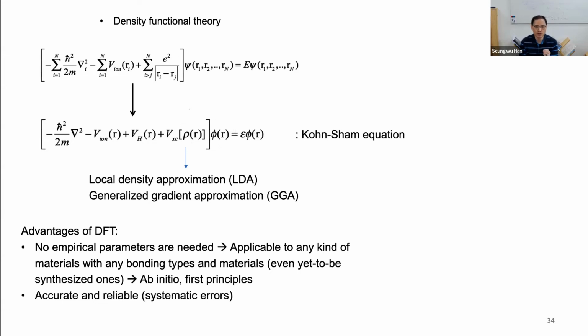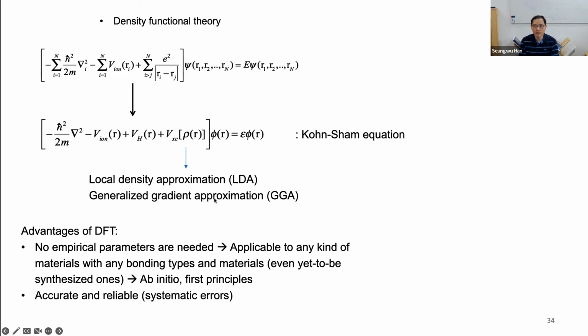Therefore, we have to introduce some approximation in this exchange correlation potential, and there are some theories, LDA, or local density approximation, or generalized gradient approximation. Today, GGA is quite a favored approach, and over a wide range of materials it gives very good results. The advantage of density functional theory is that there are no empirical parameters.